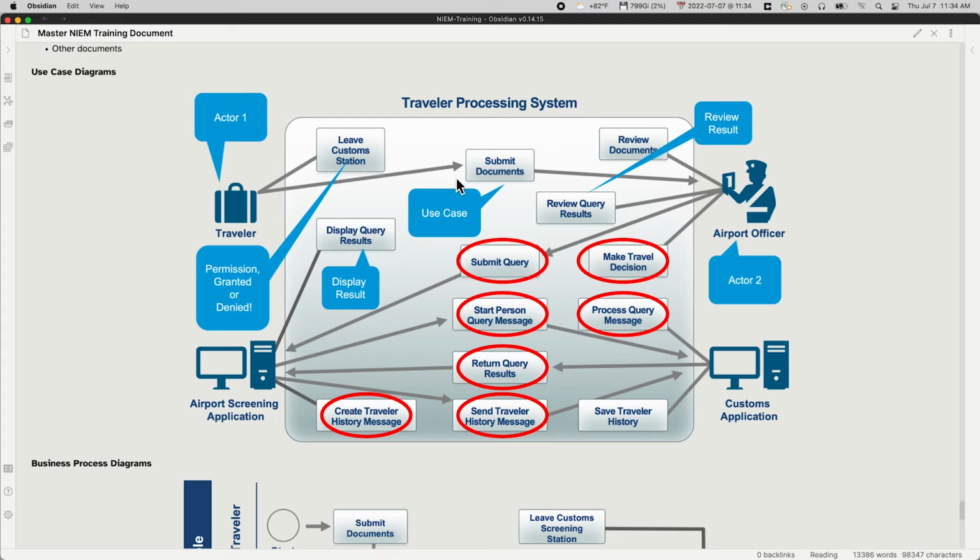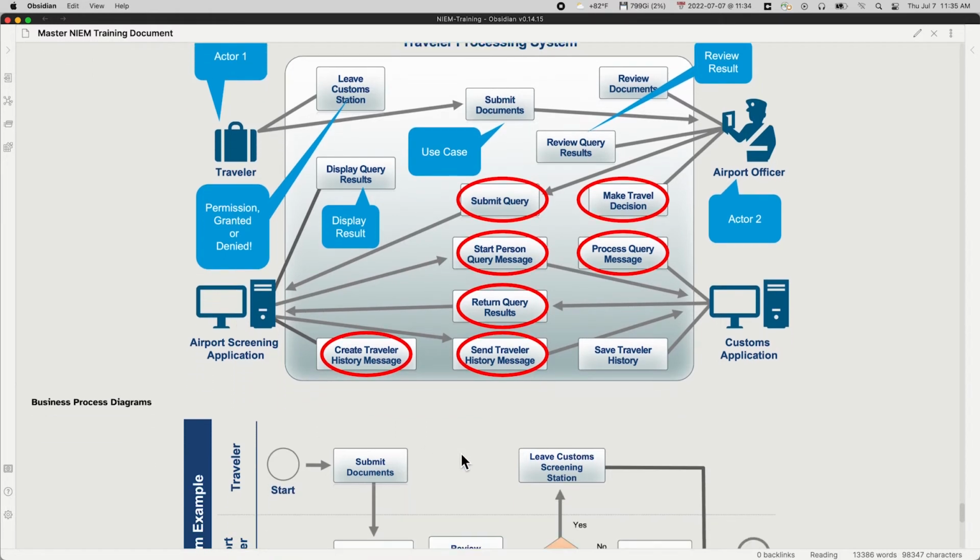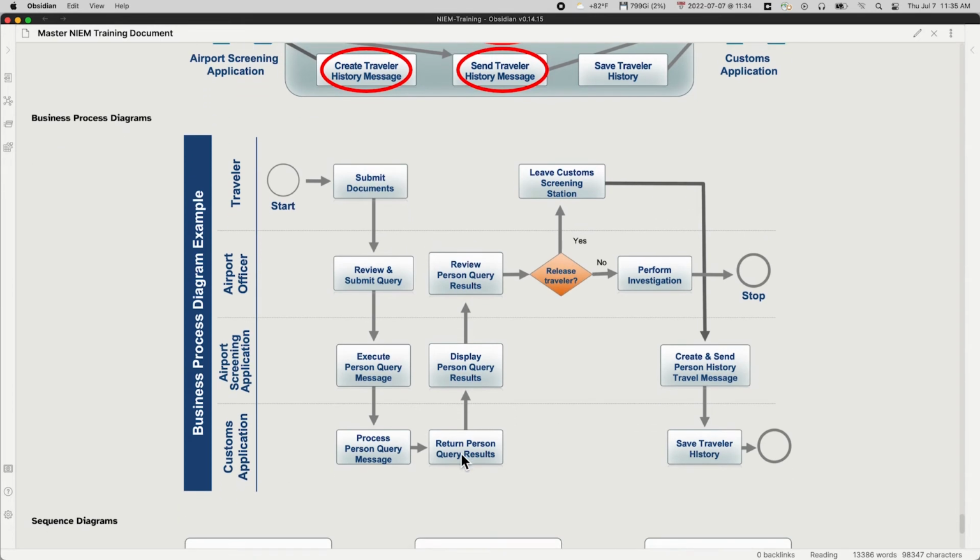We've got a traveler, and they're submitting documents, and an officer is reviewing them and sending off a query to some application that sends a query off to another application, which returns results. And each one of those red circles is potentially an exchange of information, potentially something that you would define in a message specification.